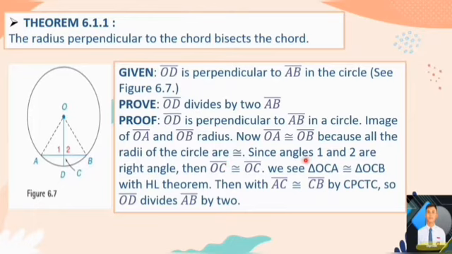Angles 1 and 2 are right angles, and OC is congruent to OC. So triangle OCA is congruent to triangle OCB by HL, then AC is congruent to CB by CPCTC, so OD bisects AB.